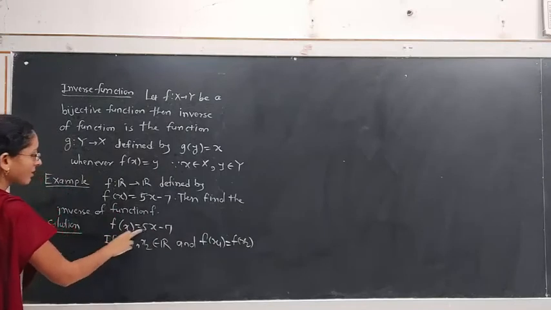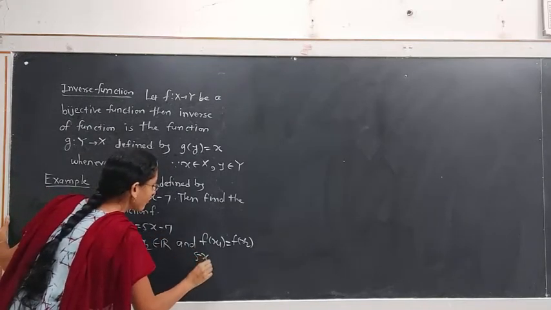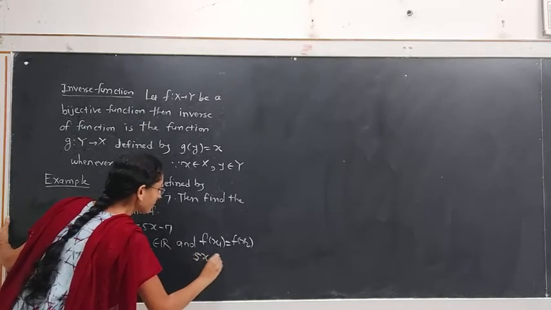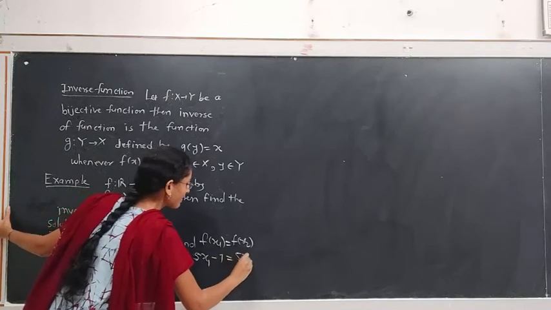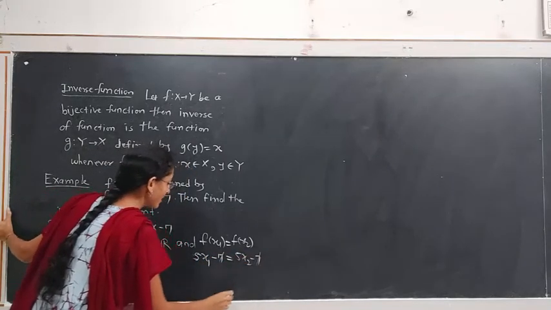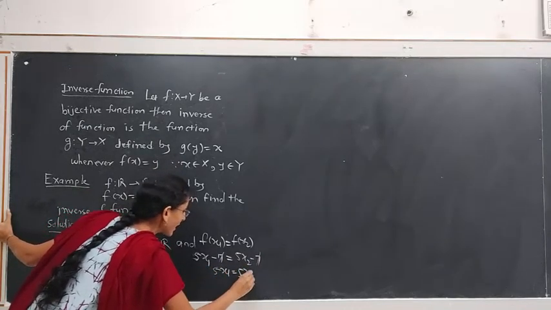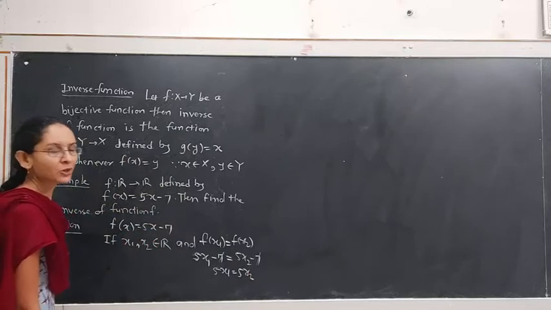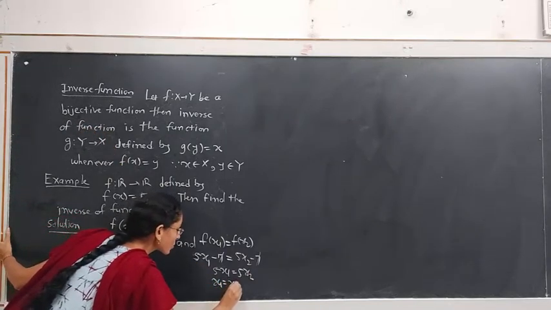What is f of x? 5x minus 7. Then f of x1 will be 5x1 minus 7 is equal to f of x2, 5x2 minus 7. Minus 7 cancelled with minus 7. What remains? 5x1 is equal to 5x2. Again 5 is non-zero, so we divide this equation by 5. Then we get x1 equal to x2.